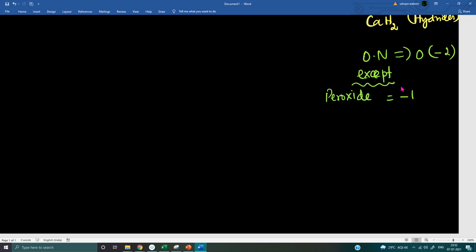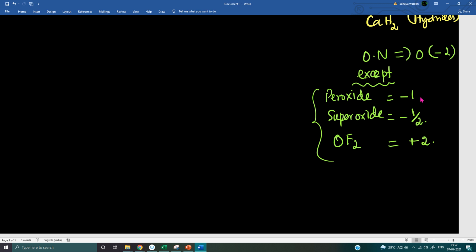The next one is, if it is in the form of superoxides, then the oxidation number of oxygen is -1/2. Then if it is in the compounds of fluorine, OF2, like that, then the oxidation number will be +2. So these are the 3 options.